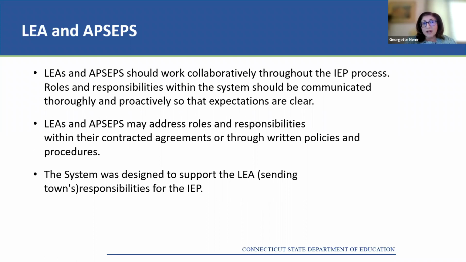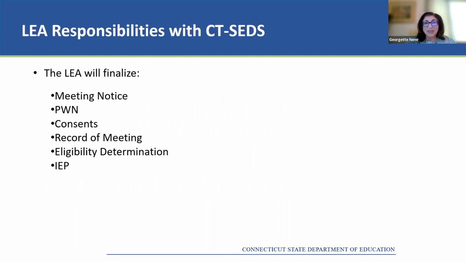So the questions that I've seen in chat relate to the next slide, which has to do with who does what and who's responsible for what. So this is probably the easiest way that we can outline this for you in terms of the LEA's responsibility to finalize. Someone in the chat asked who can finalize.